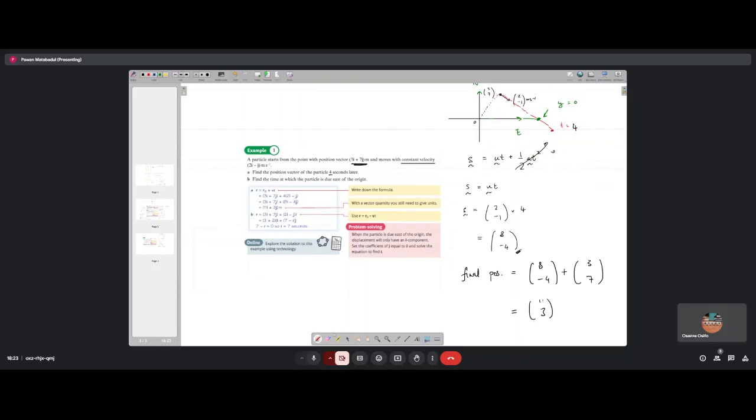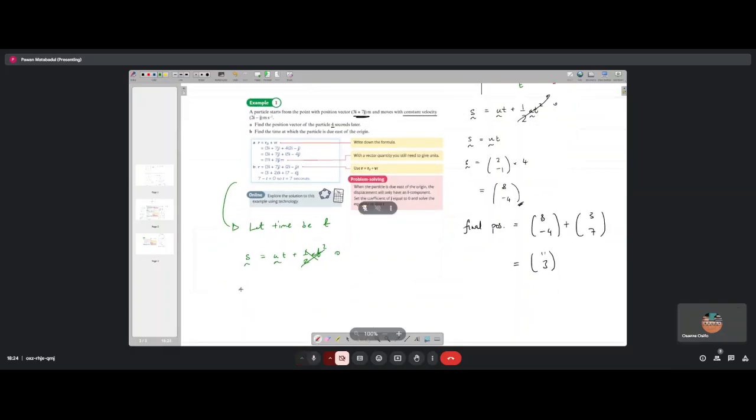So how have they done that? Well, you basically let the time be t. So if you were to use the same equation, s is equal to ut plus half at squared, the displacement moved within some time t seconds will be 2t minus t, right?